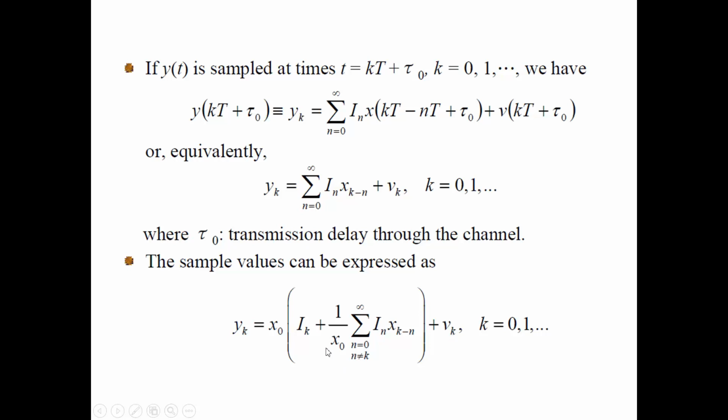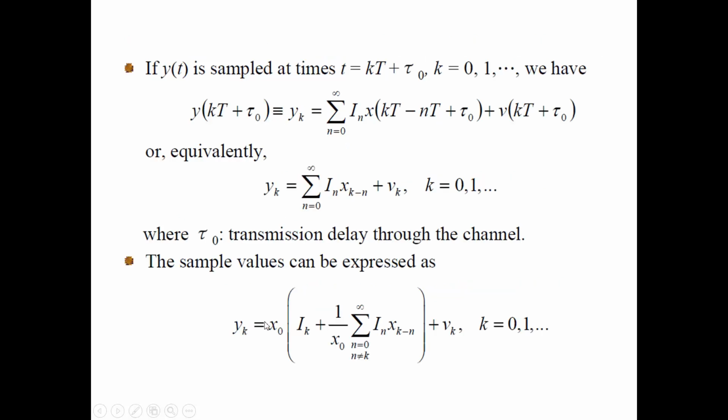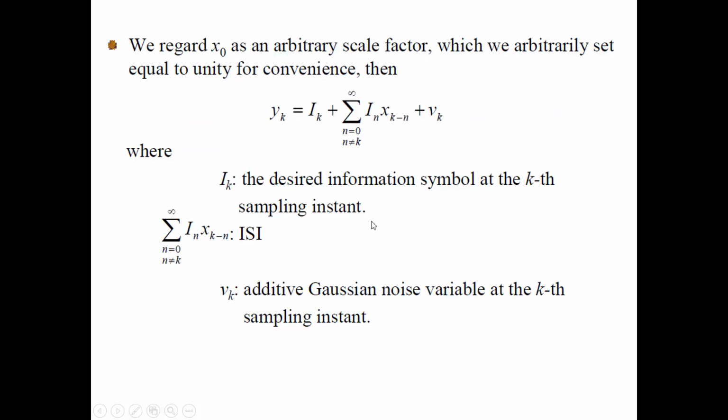Now, what is the importance of this manipulation? x_0 is a scaling factor only. Let's come to the next slide. We regard x_0 as an arbitrary scalar factor, and if we assume x_0 to be unity for convenience, in that case y_k becomes this expression. Now this is a very important expression.